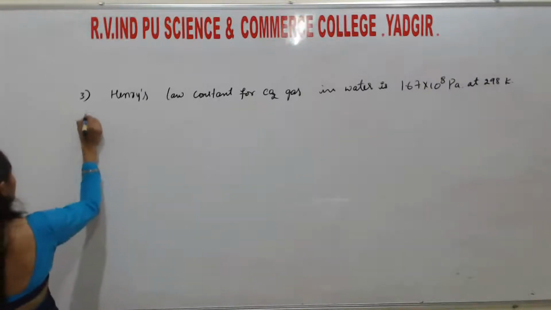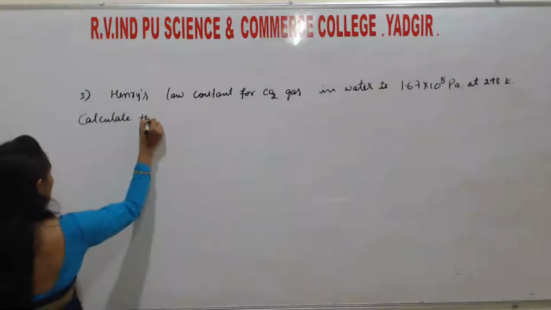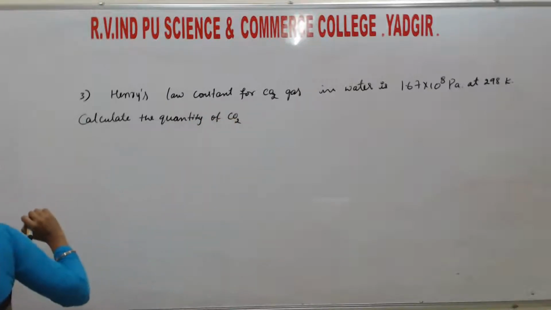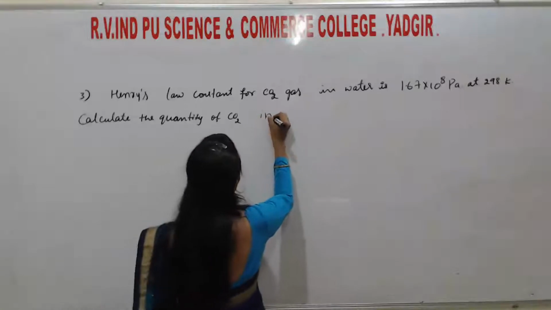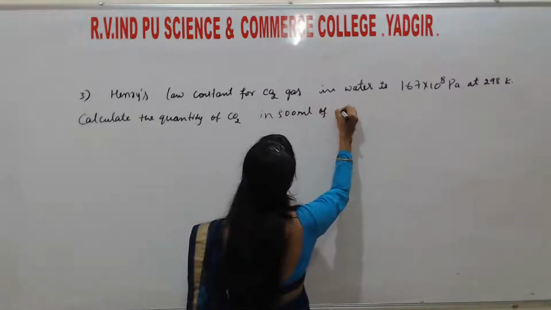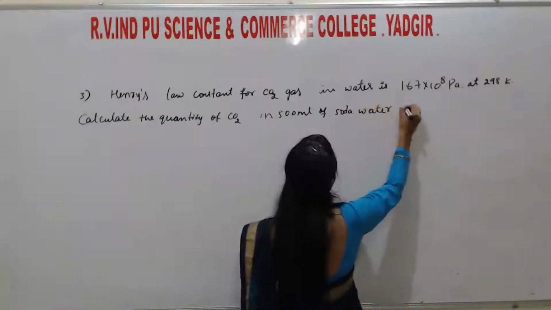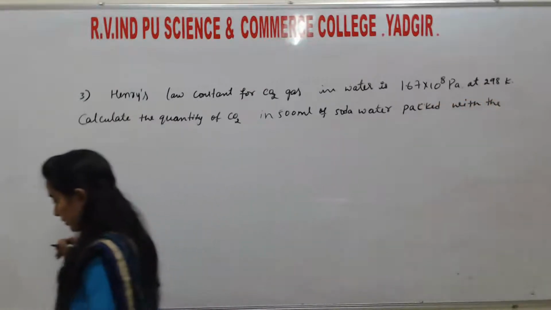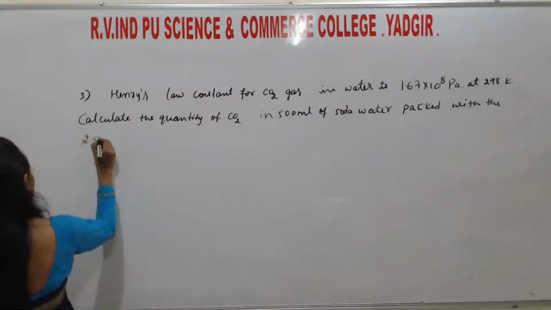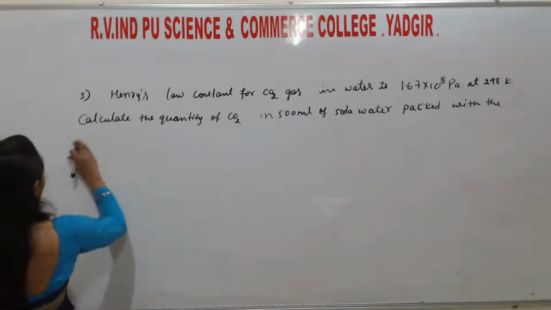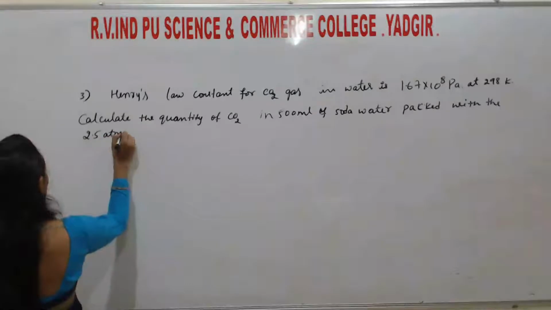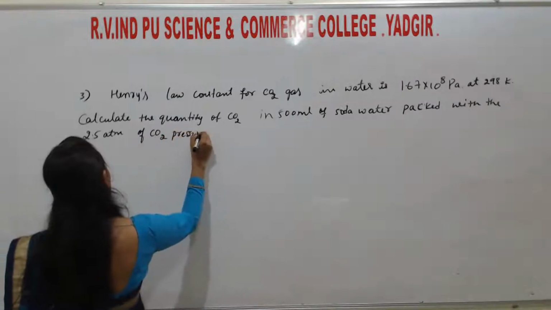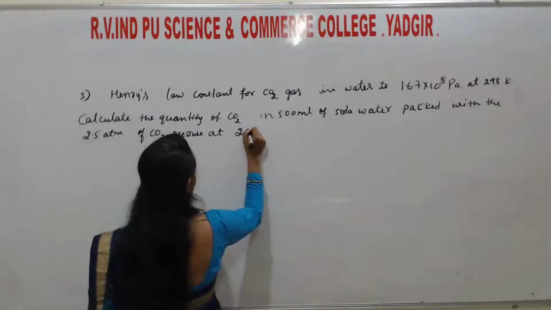Calculate the quantity of CO2 in 500 ml of soda water packed under pressure, 2.5 atmosphere of CO2 pressure at 298 Kelvin.